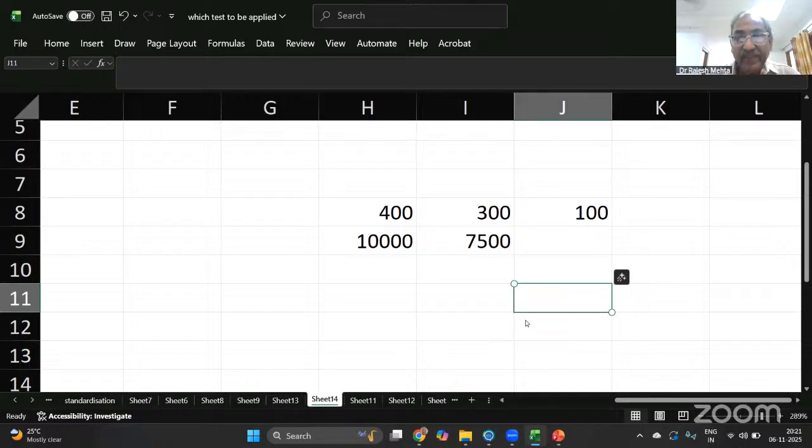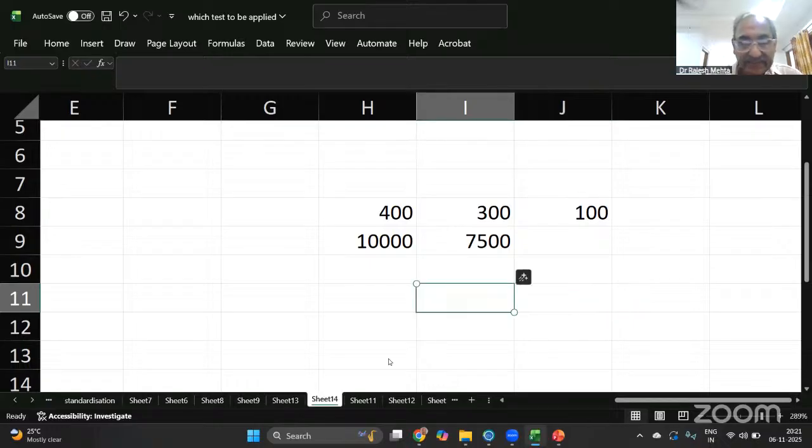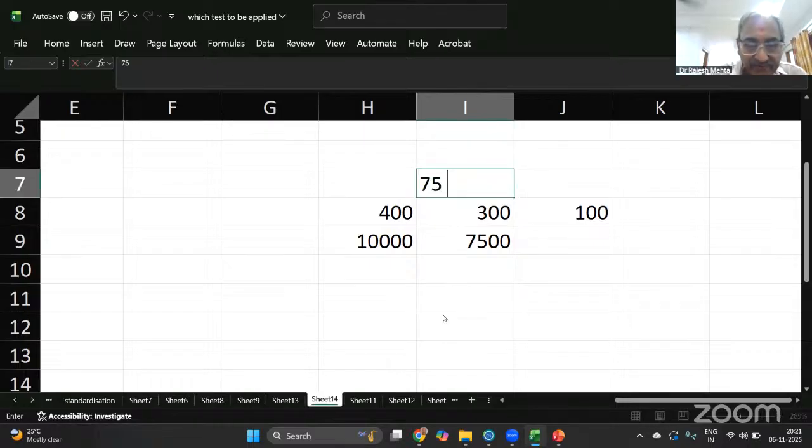And to include that sampling error, we standardize that sampling error. So in this figure of 7,500, there has to be some error. So this 300 is 75%, plus minus 2 standard error of proportion that you need to add and subtract.